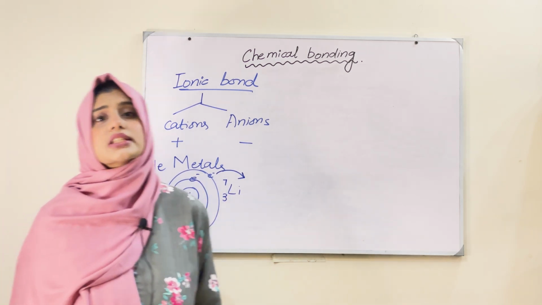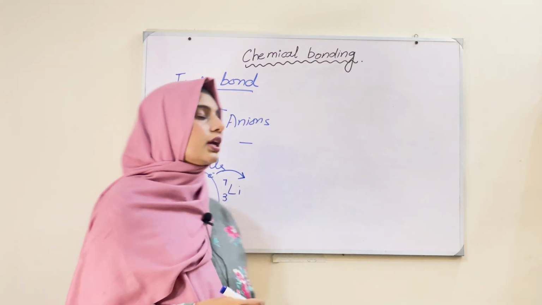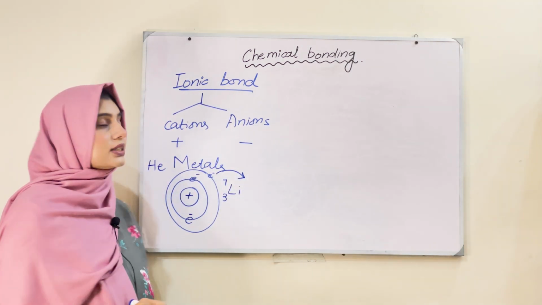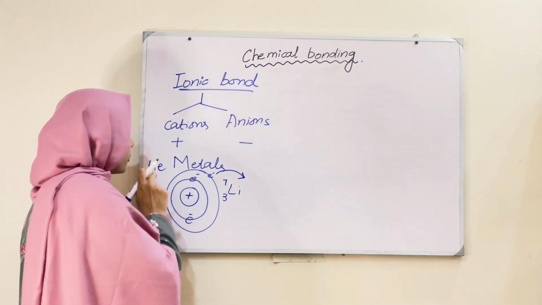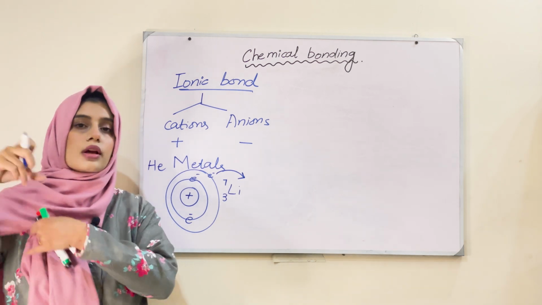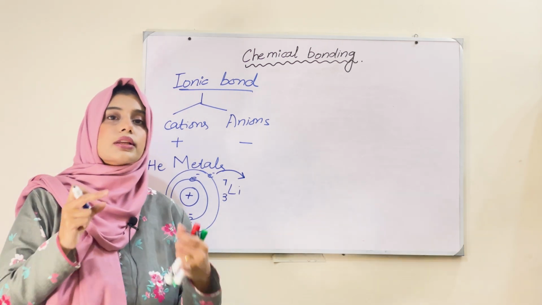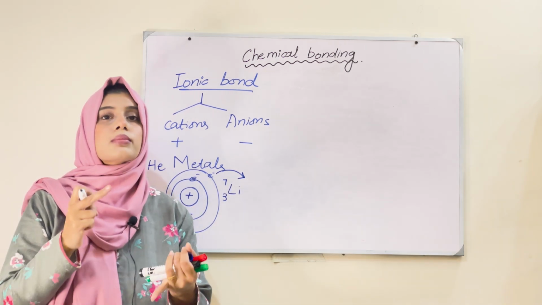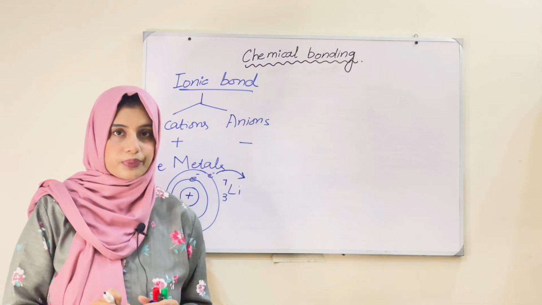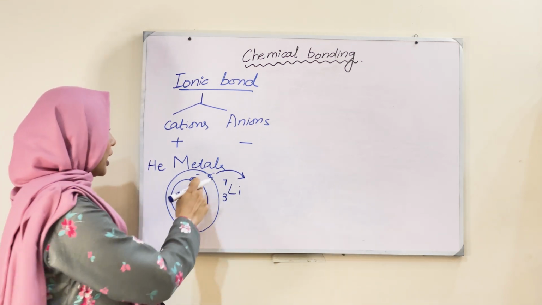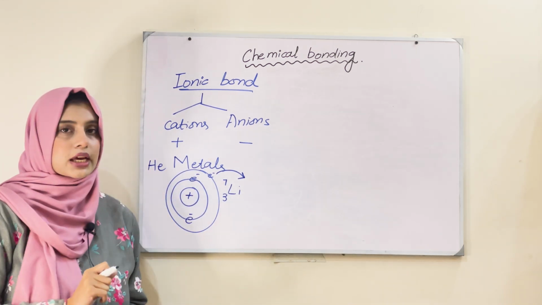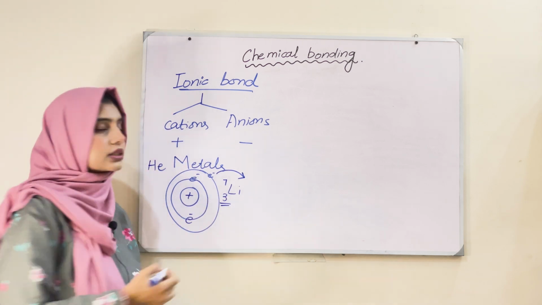Why are they getting a positive charge? Why not negative? There is a chemistry behind this. We know that in a neutral element, the number of electrons and the number of protons are equal. In this case, it has 3 electrons and 3 protons, right?